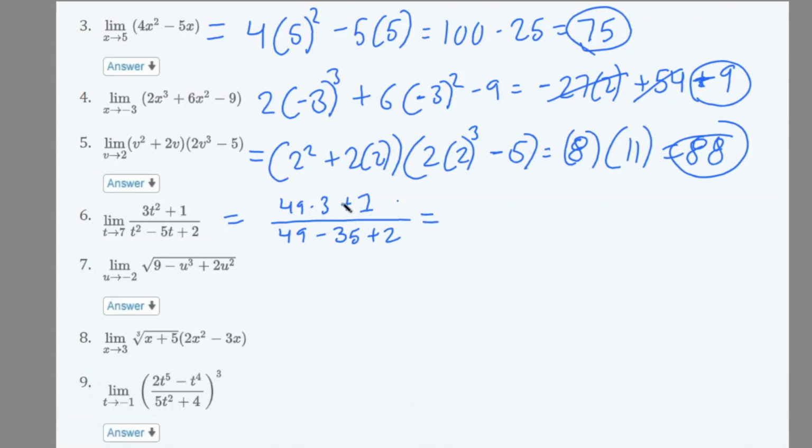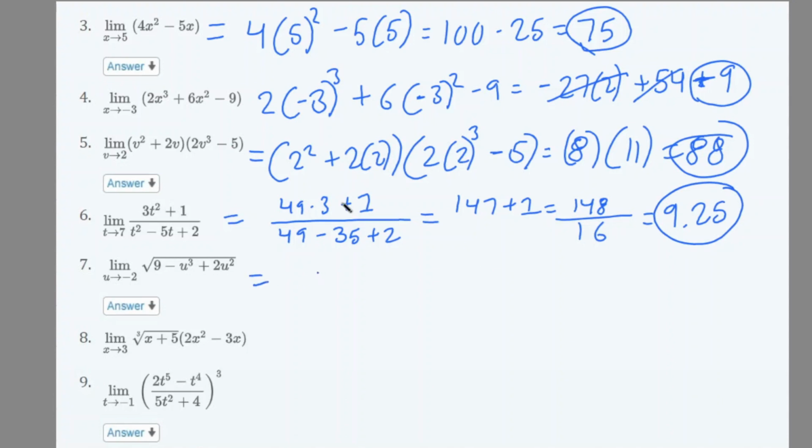So on the top we would have 49 times 3 is 147 plus 1, which is 148. And on the bottom we would have 49 minus 35 is 14, plus 2 is 16. And 148 divided by 16 is 9.25. So that would be your answer.